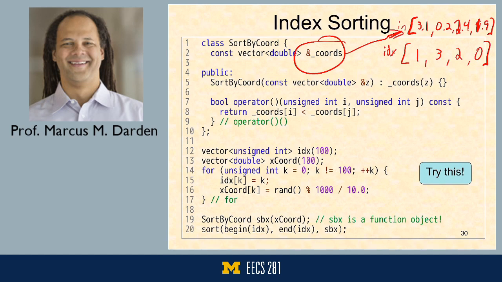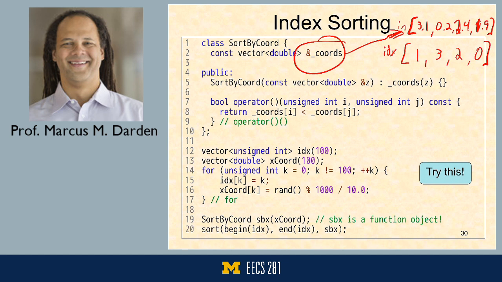So you can see this class has a constant reference to a vector of doubles. I'm going to use that and call it coords. I've got a constructor in line 5 that assigns the value to it. So you have to create one of these ahead of time by passing in a reference to the data that is going to be index sorted.